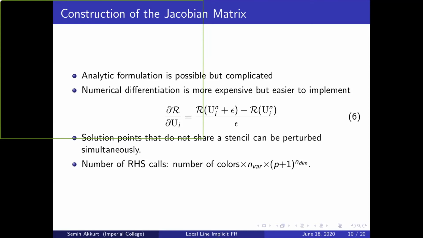And if two field variables do not lie in their stencil, you can actually perturb these values simultaneously in order to reduce the total number of right-hand side calls you need to construct a Jacobian matrix. To do this, you need a coloring algorithm, and at the end, the number of right-hand side calls you need to construct the matrix is a function of the number of colors, the number of field variables, and the polynomial order, and the dimension, of course, which would be 2D or 3D.